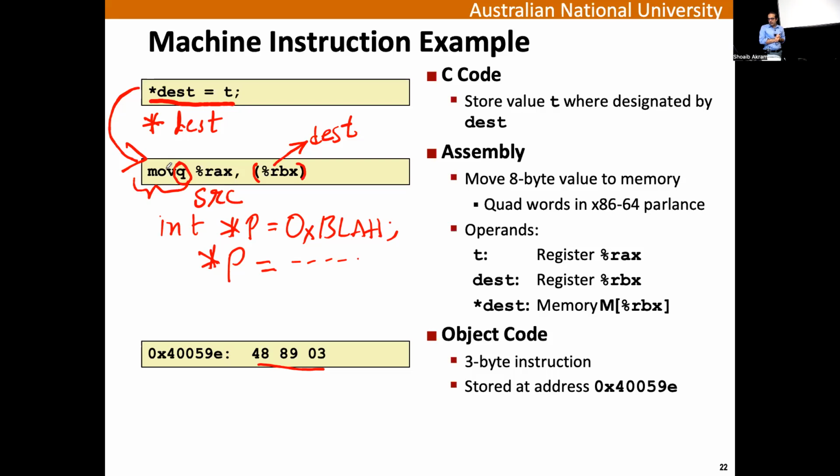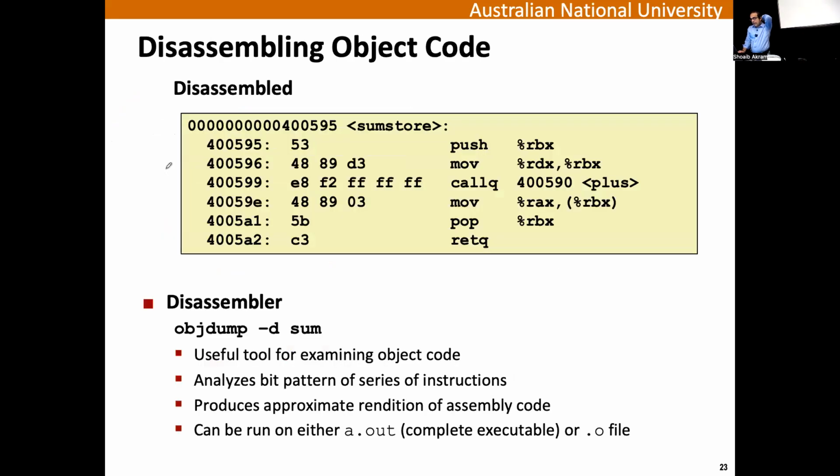And then when everything is done, assembler does its work, the linking is done, you find this 488903 hexa in your final executable. It's a 3-byte instruction. Okay. There is a useful tool, object dump.